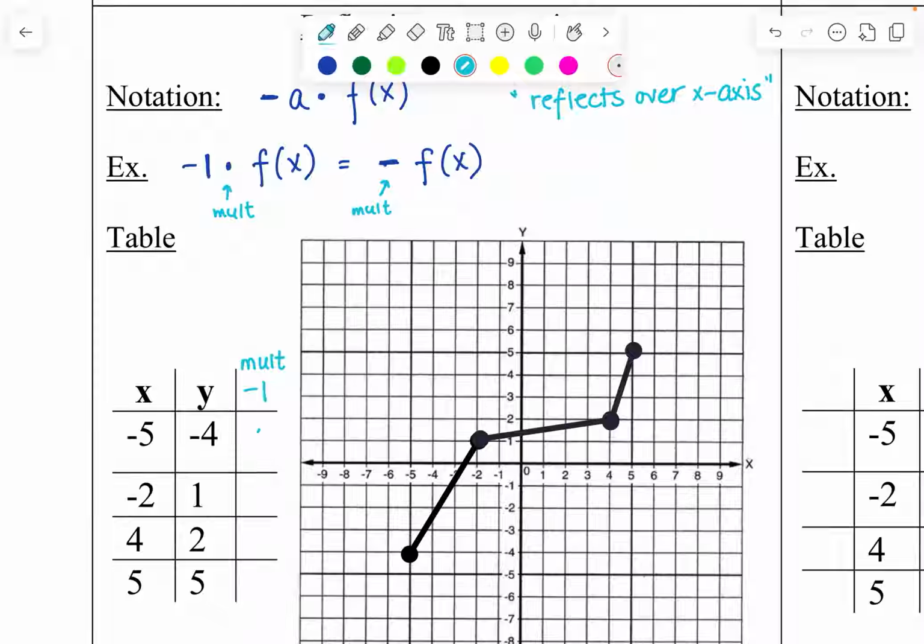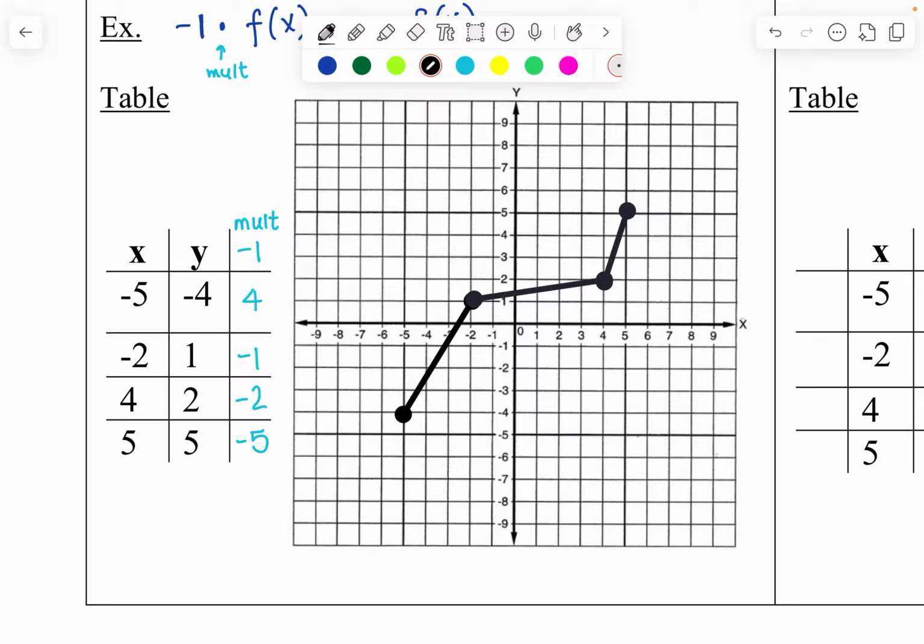So once again, this becomes +4, -1, -2, and a -5. These become your new y values. This is your x sticking to the original, and this becomes your new y values. So when you go to plot these points, this is what your reflection over the x-axis looks like. Remember, we are reflecting it over the x-axis, so it's going to fold over your x-axis. Here's what it looks like. -5, -4 is up here. -2, -1 is down here.